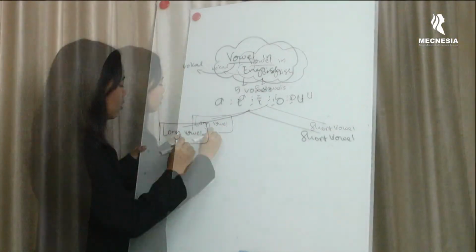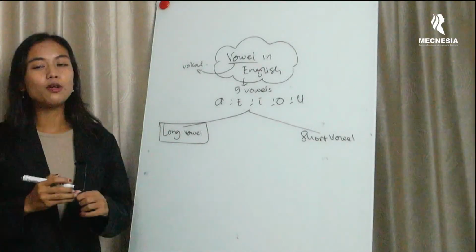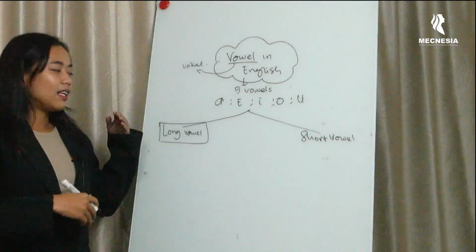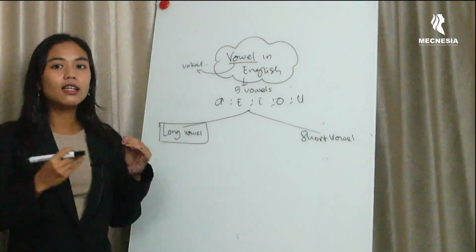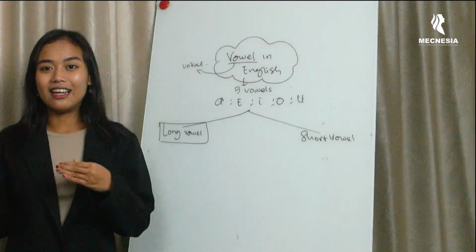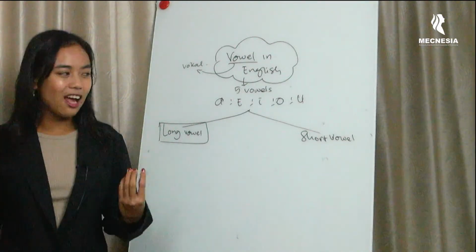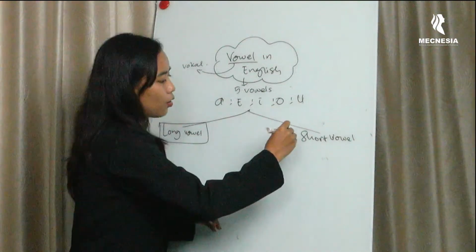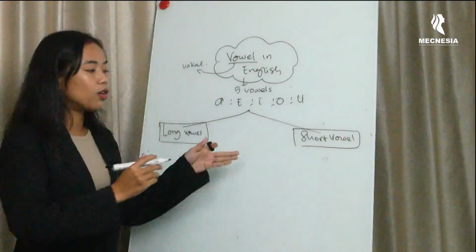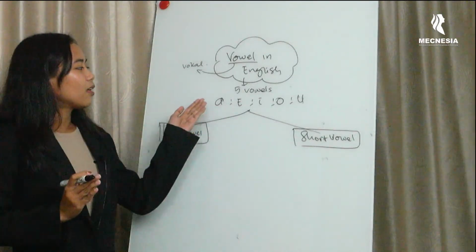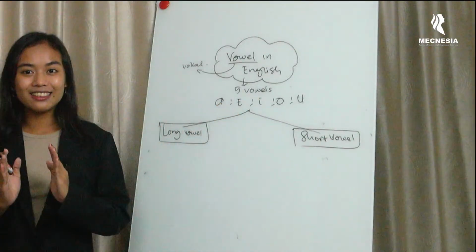Long vowel itu artinya vokal yang panjang. Di sini panjangnya itu merujuk ke bunyinya. Jadi bunyi huruf vokalnya itu long, panjang. Meanwhile, the short vowel, sedangkan untuk short vowel, dia merujuk ke bunyi-bunyi vokal ini yang pendek.